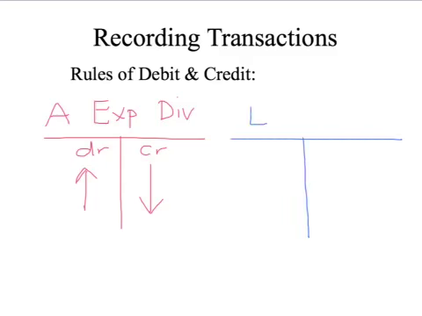Liabilities, equity, and revenues all have the same rule, which is the opposite. The credit is the increase and the debit is the decrease. I find it helpful to always have those rules in front of me when I'm recording transactions. If you're not sure about these rules, you can check out my other screencast.